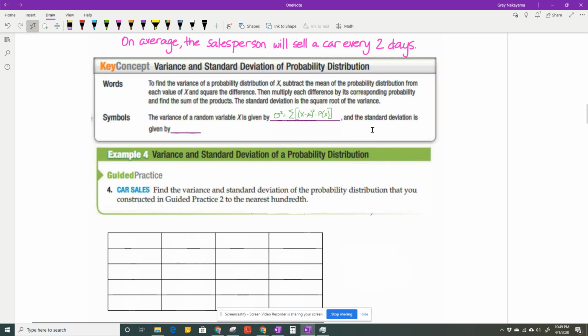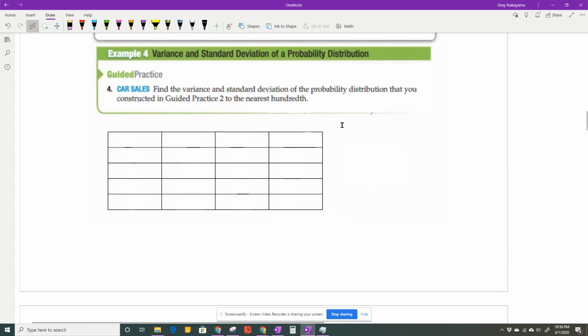So how am I going to find the standard deviation? You need to remember that the standard deviation is the square root of the variance. So we're going to use this formula, and then we're going to take the square root at the end to find our standard deviation. We're using the same problem with the cars, and this is the formula broken up into pieces.